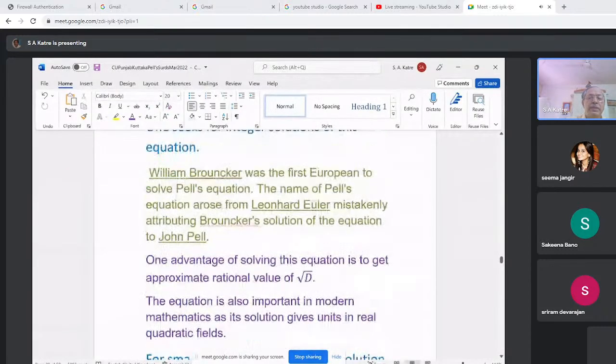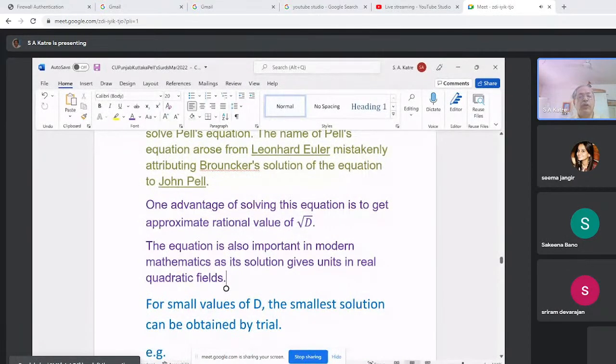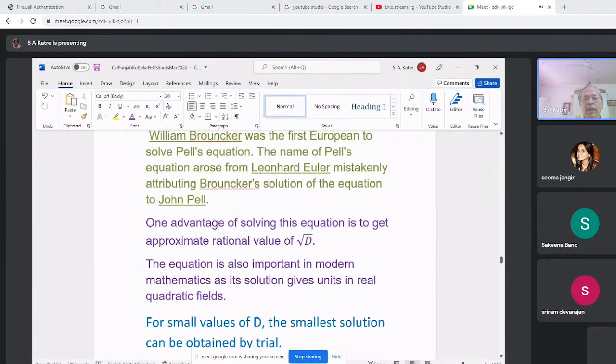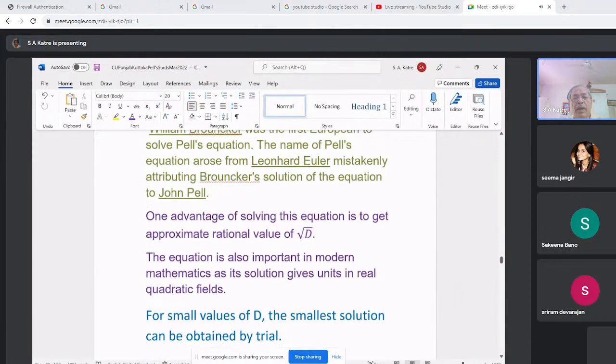In modern mathematics, you study quadratic fields, numbers of the type a plus b root 2 or a plus b root 7, such numbers. These are called surds or quadratic surds, where a and b are integers or rational numbers. And there you consider a ring which is called the ring of algebraic integers in a quadratic field, and then you are studying units of such a ring in algebra especially, or number theory.